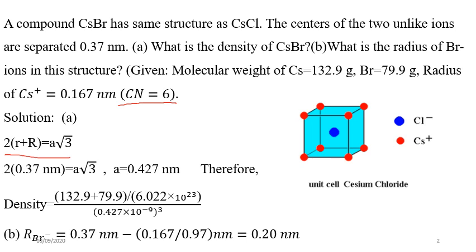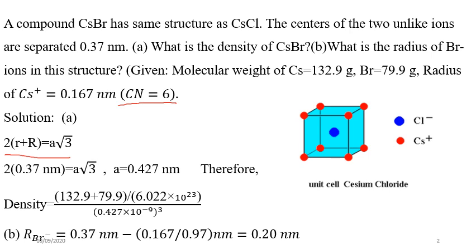So 0.167 divided by 0.97 will be the radius of cesium with coordination number 8. If I subtract this from the distance between the centers of the two ions, I will get the radius of the bromine ion. This way we can solve this problem.